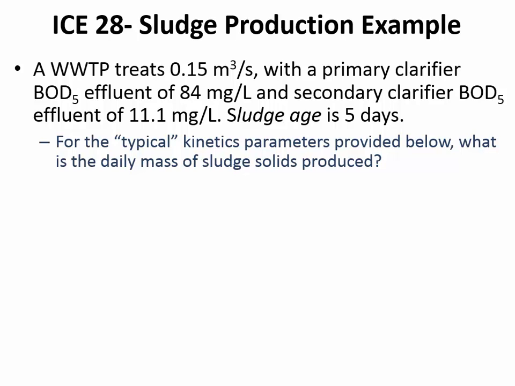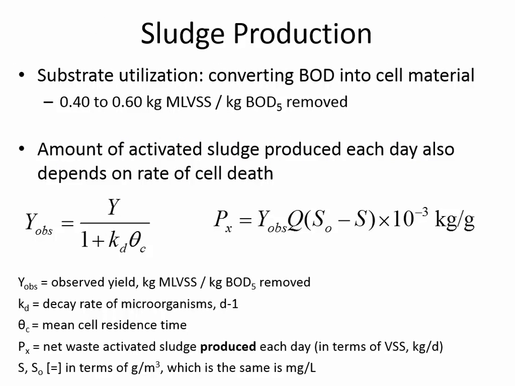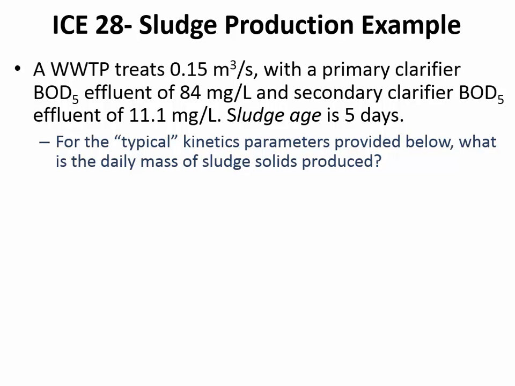So those two parameters are going to fix what we use as S naught and S. And so what we need to do is, for this sludge age of 5 days, and using the typical kinetics parameters, which I've provided on the page, find out what is the mass in terms of kilograms per day for the sludge solids that get produced.